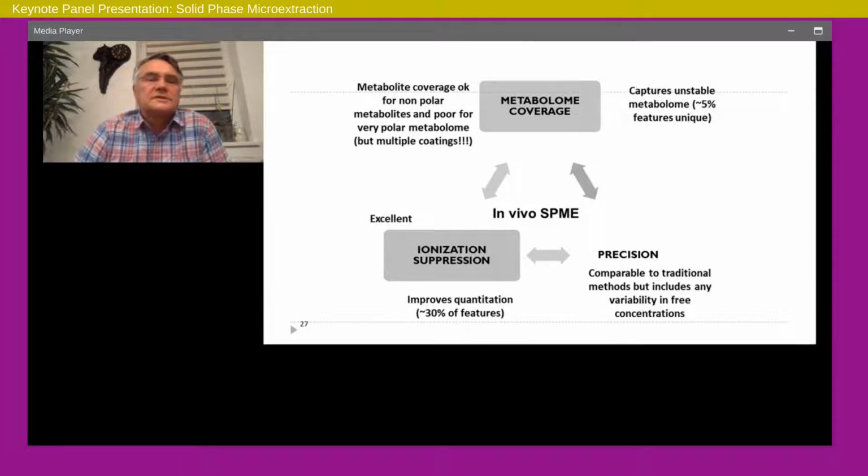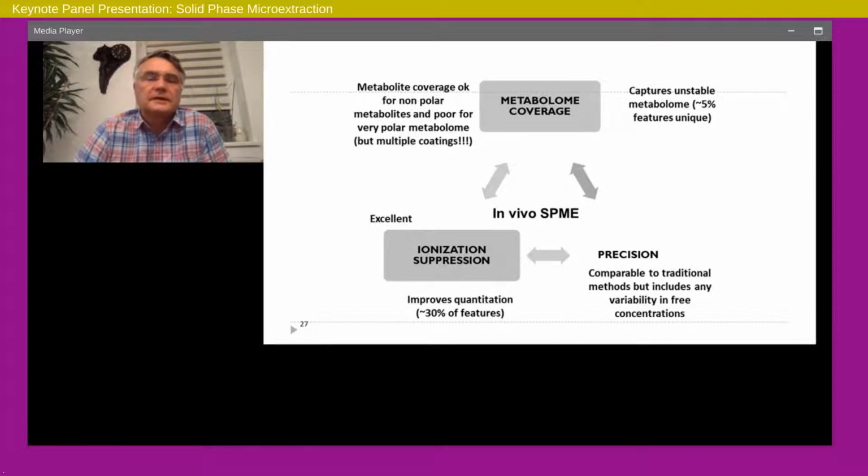So in summary, why is in vivo SPME very popular? First of all, the metabolite coverage of small molecules is very good. It eliminates suppression in mass spectrometry measurement. It captures unstable analytes, because you equilibrate with the real system and you can analyze immediately after the extraction.